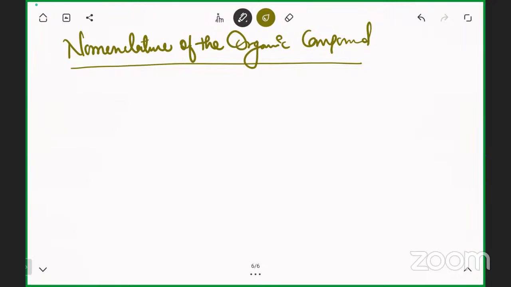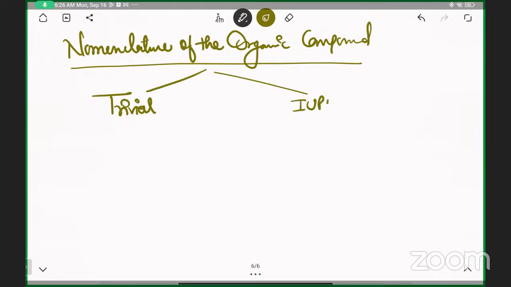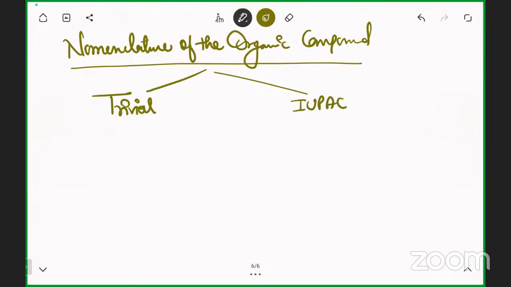According to that, nomenclature was assigned to organic compounds, and basically we have two types of systems. First one is the trivial system, second one is IUPAC. So what is the trivial system?